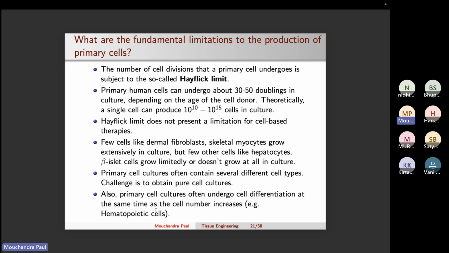So if your goal is to use the stem cells only, you have to be very careful that they do not differentiate. But if you want them to differentiate, then it's not a problem. Okay, so these are the limitations that you have when you are going to produce around million to billion primary cells for your product, tissue engineered medical product.